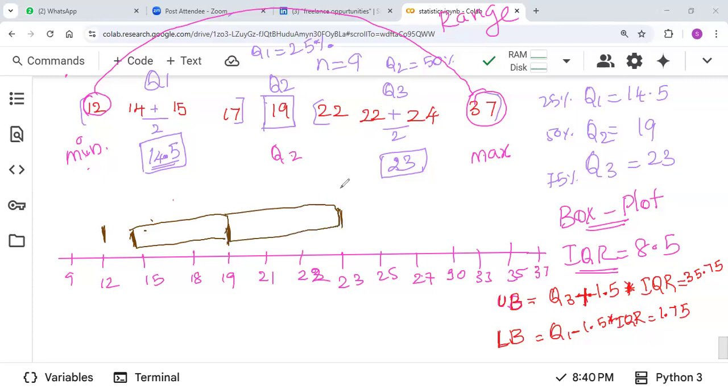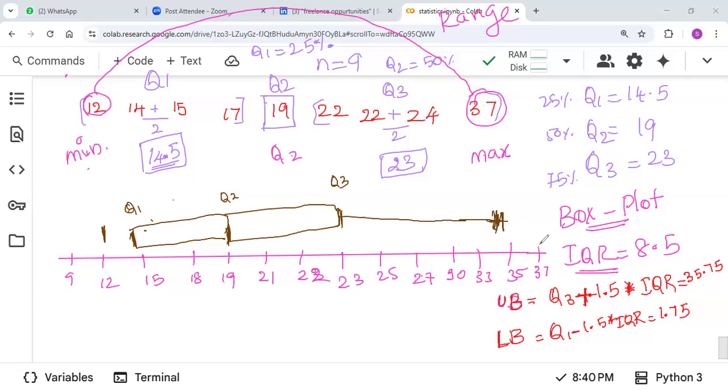So this represents quartile 1, quartile 2, and quartile 3. And the whiskers will go up to 35.75. Okay, up to this it will go.